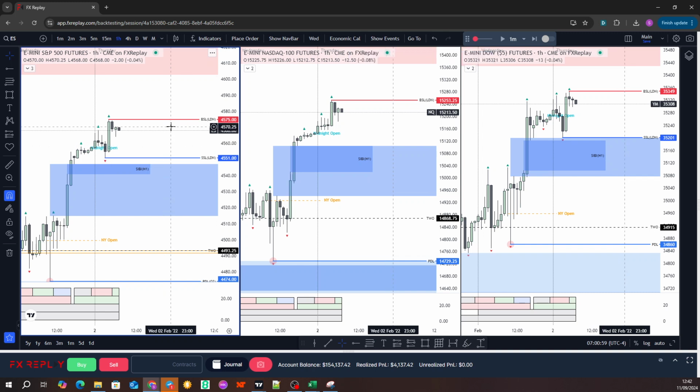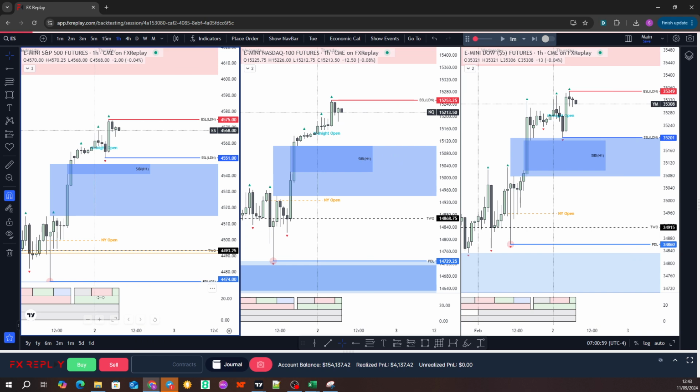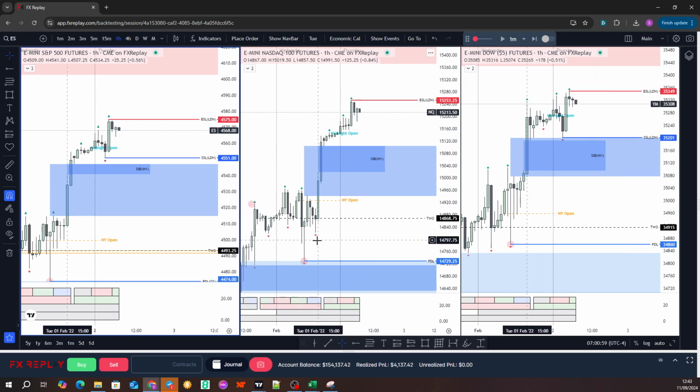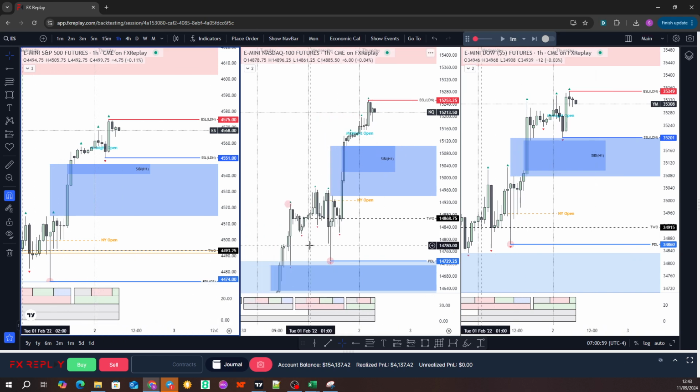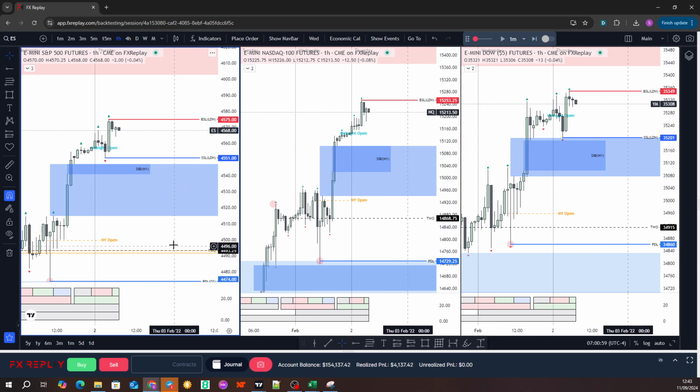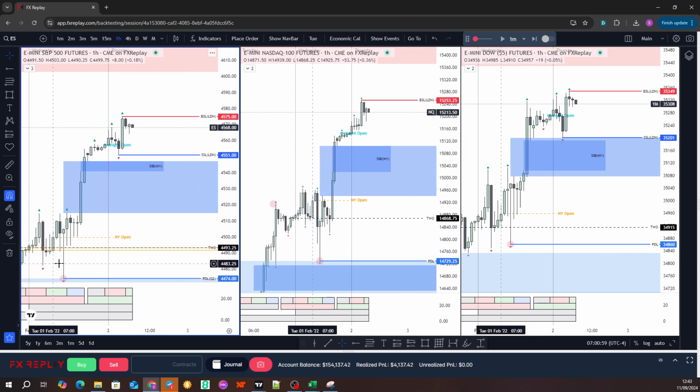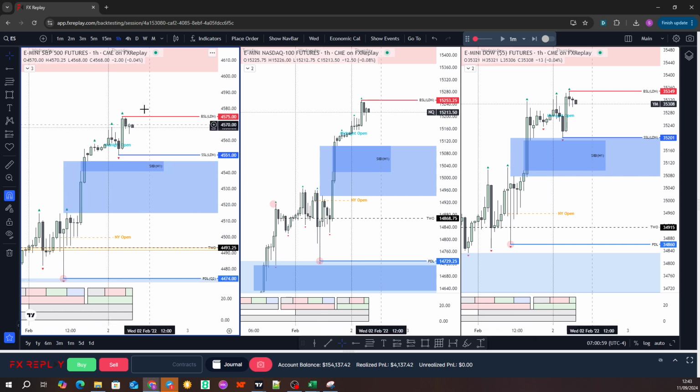Right, okay. So yes, we do have a lower SIBI that might come into question at a later point, but it's not pertinent right now.